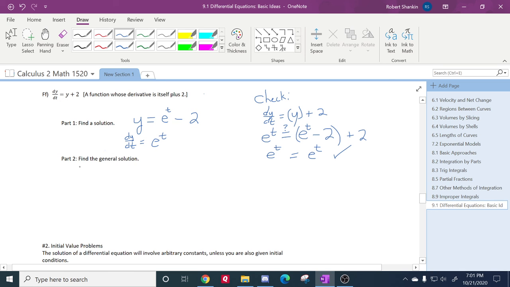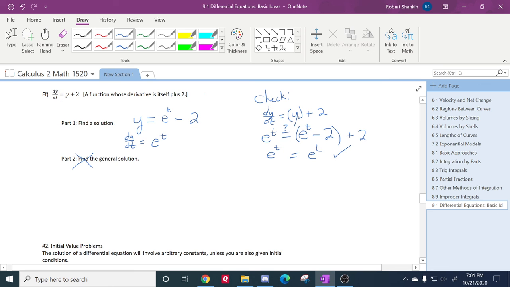And then I'm going to skip the general solution for now, because this is kind of complex here. Y equals e to the t. I'm going to double check this a second. Y is e to the t minus 2. When I take its derivative, I get this.